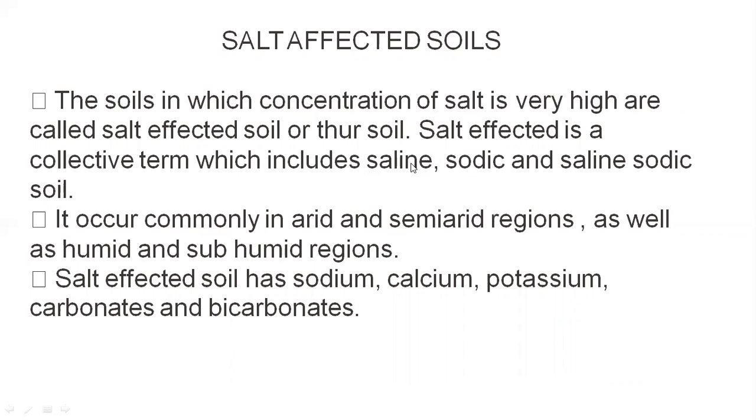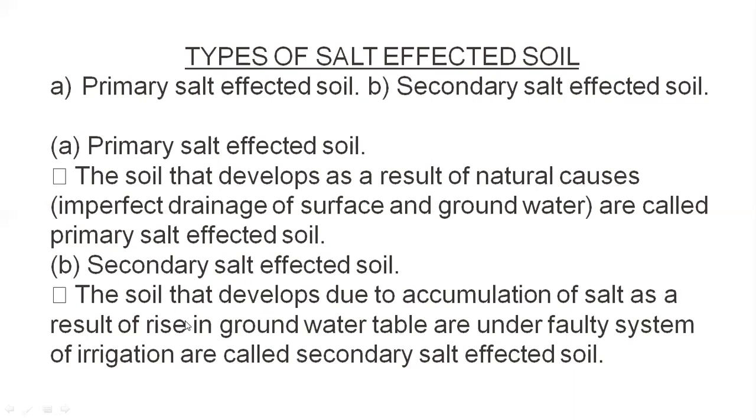Saline is somewhat different, sodic is a somewhat different type of soil, and saline sodic is a mutual combination of both types of soil. It occurs commonly in arid and semi-arid regions as well as humid and subhumid regions. Salt affected soil has sodium, calcium, potassium, carbonates, and bicarbonates.